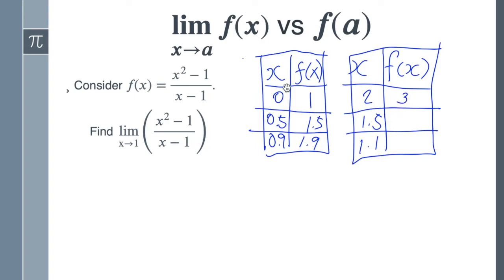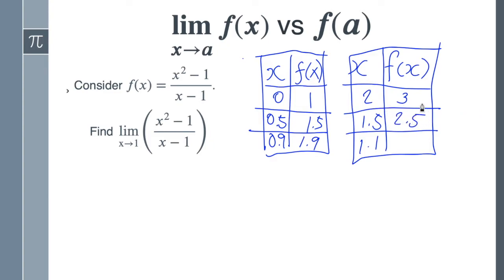How about 1.5? 1.5 squared minus 1 is going to give us 1.25. 1.25 all over 1.5 minus 1, which is 0.5. So 1.25 divided by 0.5 is going to give us 2.5.